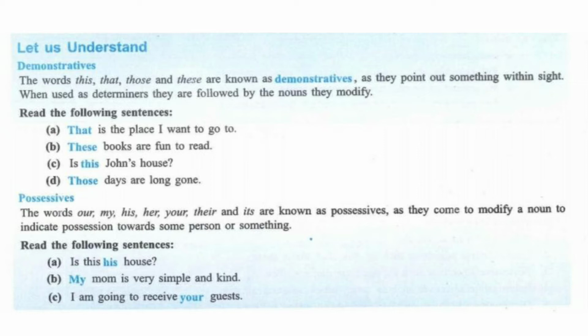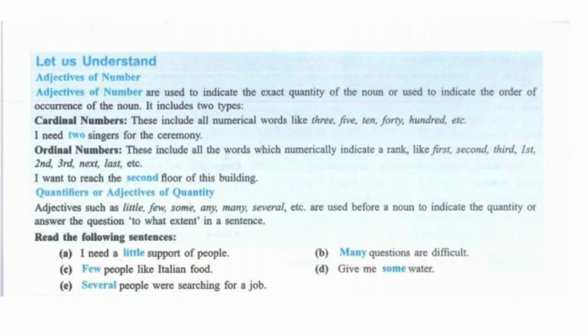Demonstrative and possessive. Now next we'll see adjectives of number. Adjectives of number are used to indicate the exact quantity of the noun or the order of occurrence of the noun.